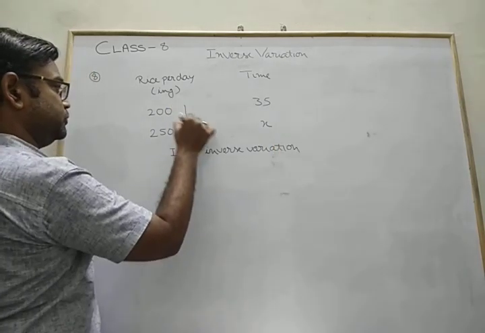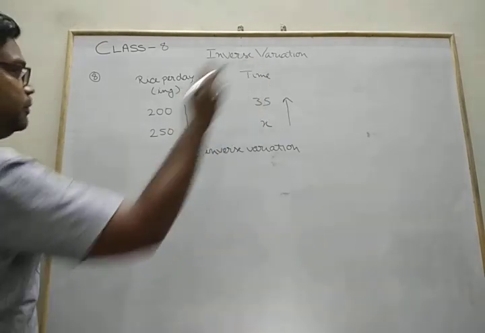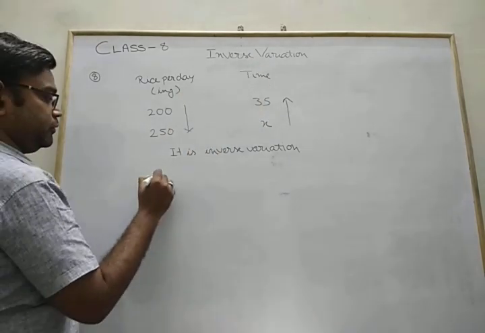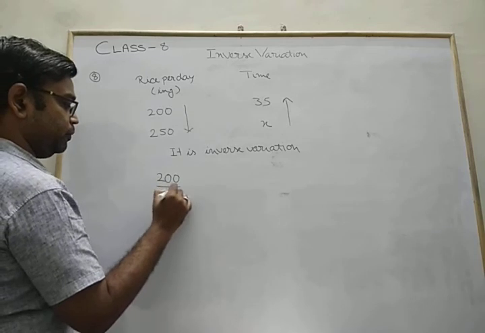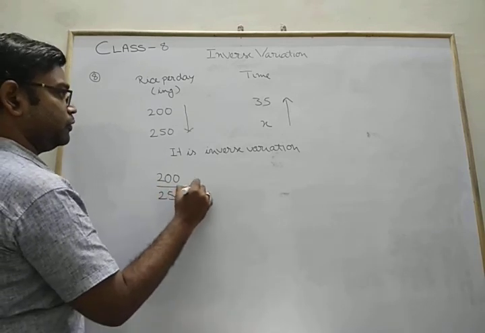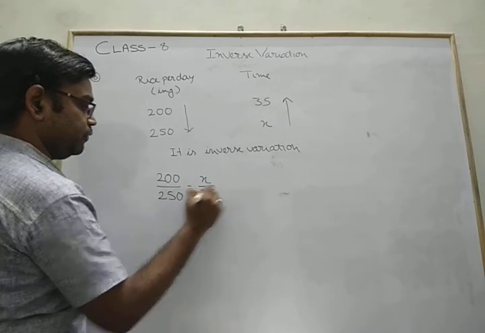So what we do? Likewise, this one downside, other upside. So we must write down 200 by 250 equals to x upon 35.